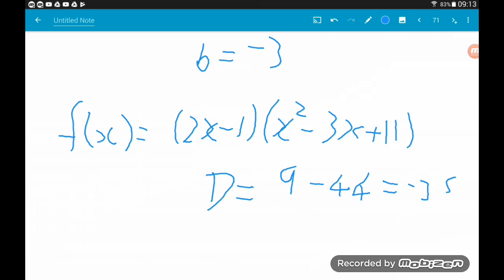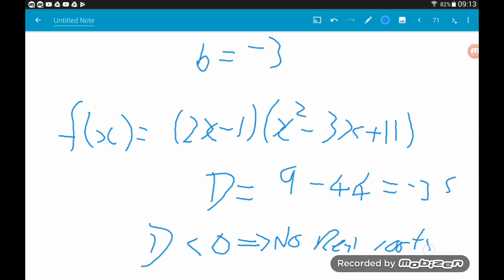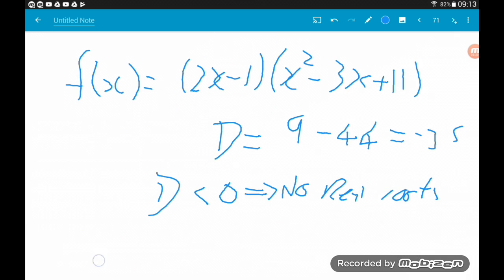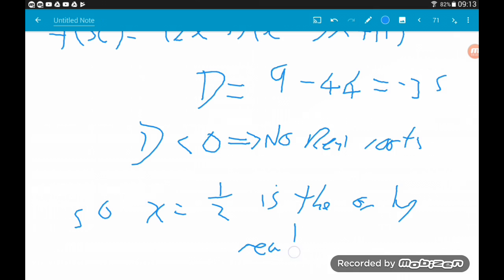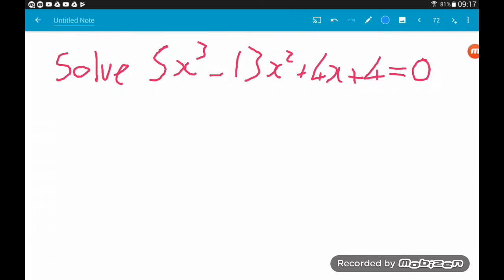The important part there is that the discriminant is less than 0, which implies no real roots. So, x equals 1/2 is the only real root. Good times. Question 1 done.